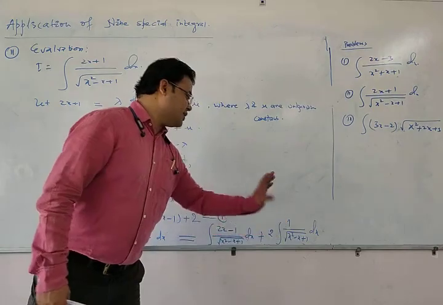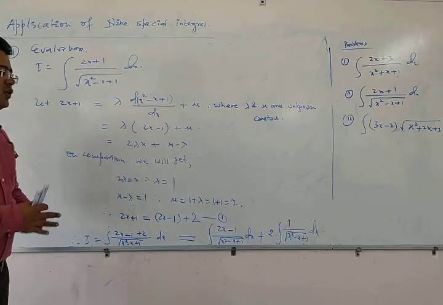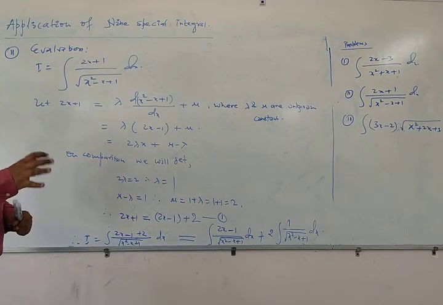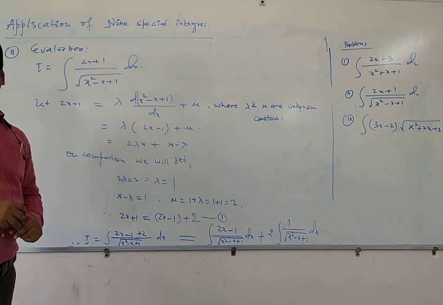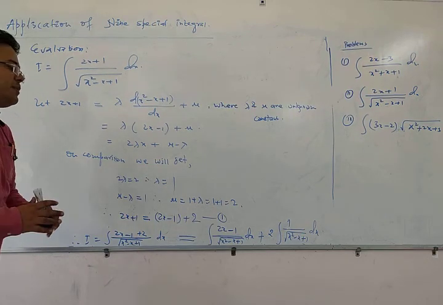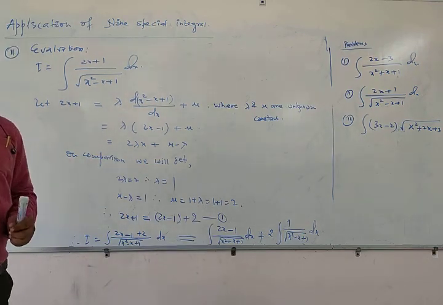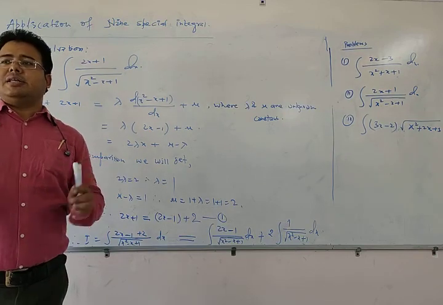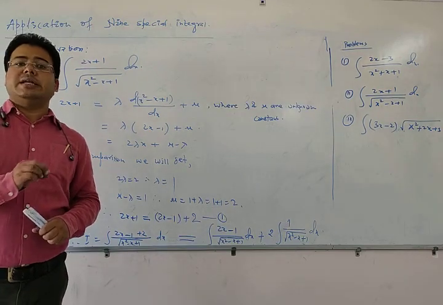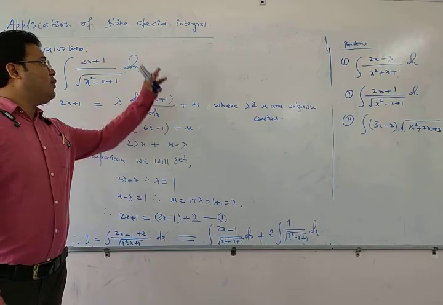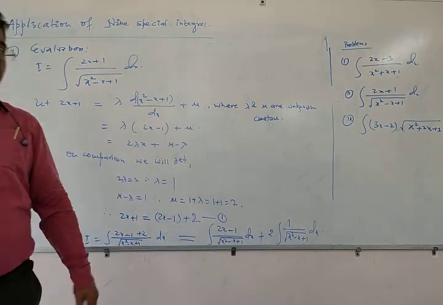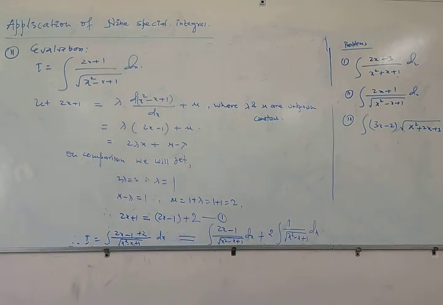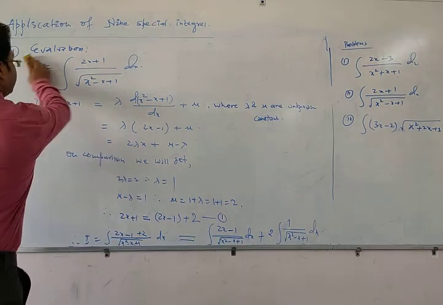Here we will get two different integrals, which can be easily solved. These are very simple integrals which you can easily integrate. So now we have to see the integration of these two integrals.